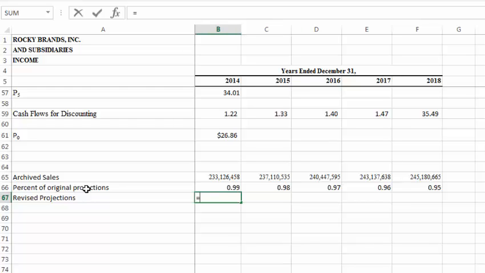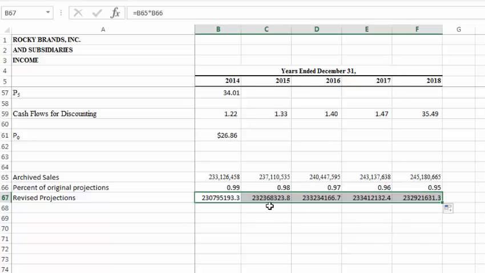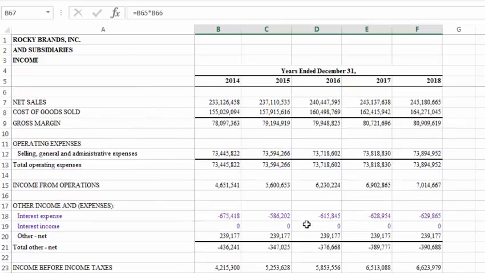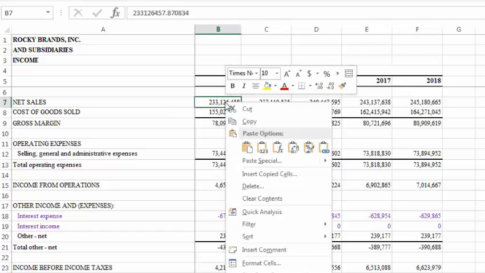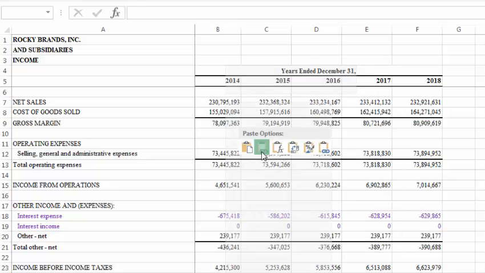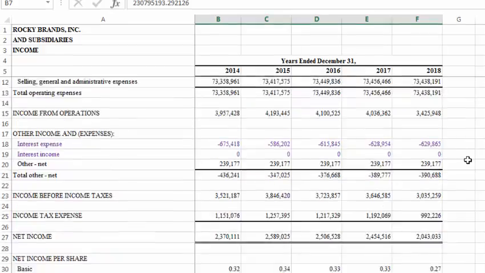And I'm going to just say equals this number times that number. And I get a new estimate. I'm going to copy those, go to the top, right click, and paste special just values, and I dump them in.